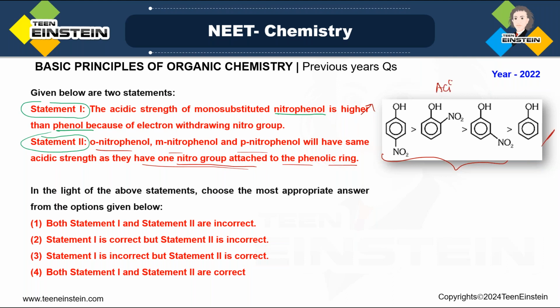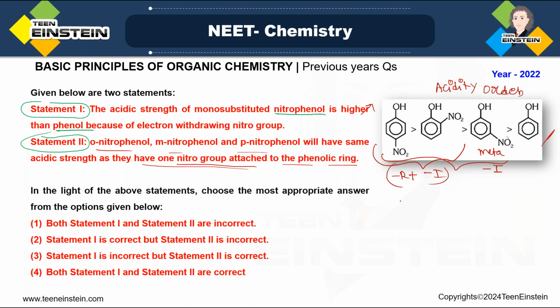So this is the acidity order. Now ortho and para have more acidity than meta. This is meta, because at meta position it can show only the minus I effect, but minus R and minus I both are possible in case of para and ortho. That is the reason that meta will have less acidity compared to ortho and para.